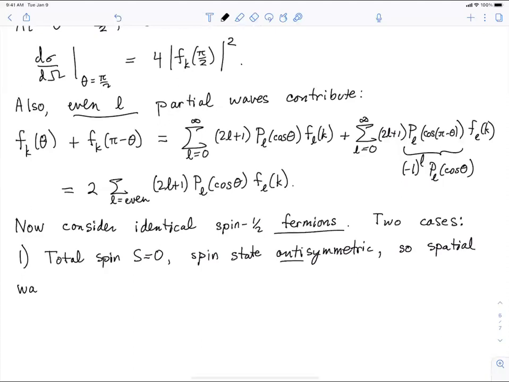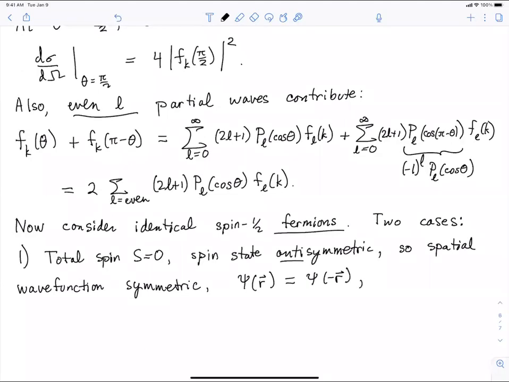So the spatial wave function, everything not describing the spins, is symmetric. And so that means in particular that psi of r is psi of minus r.